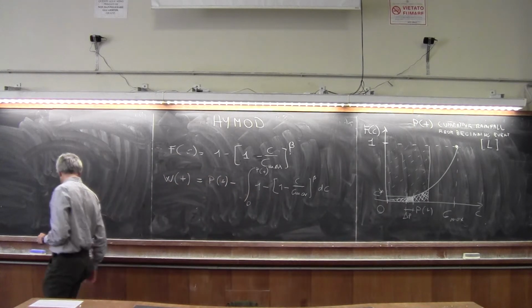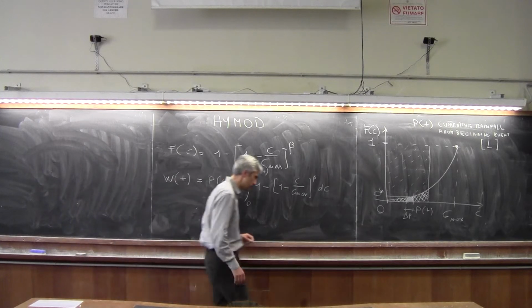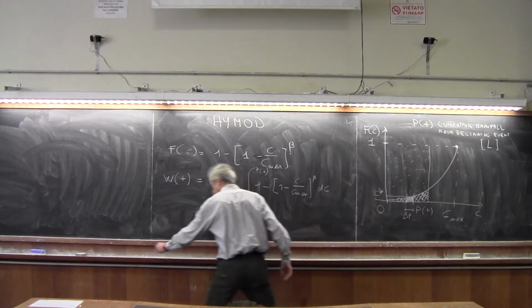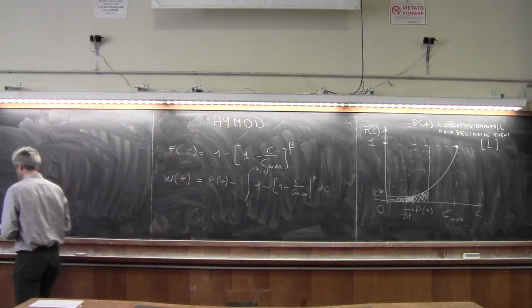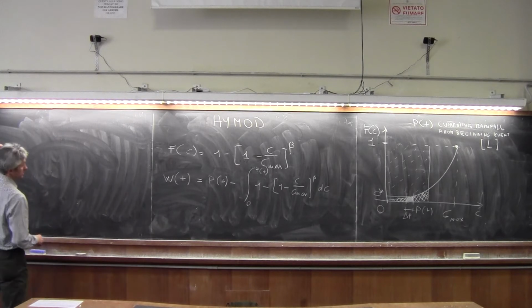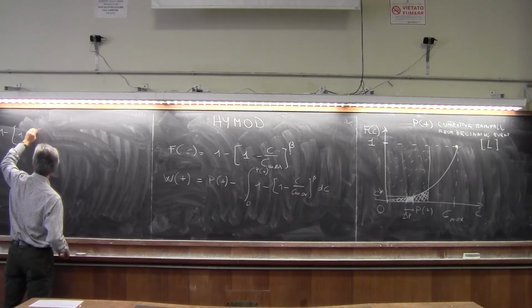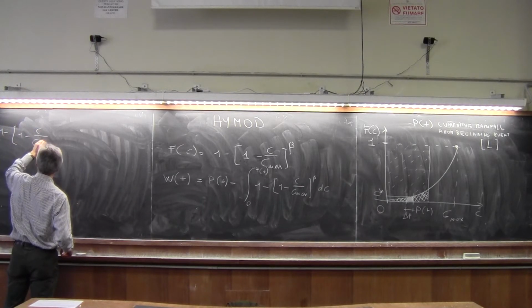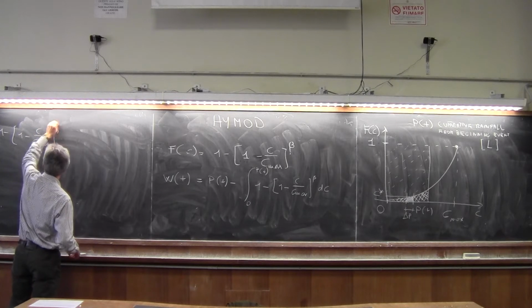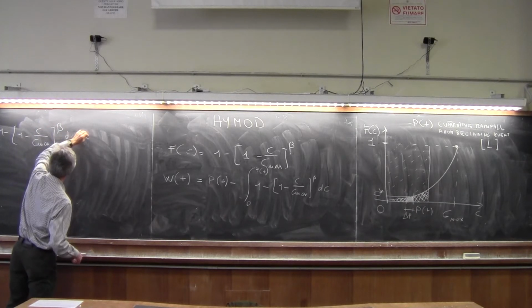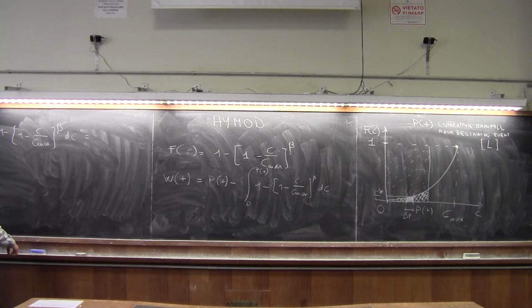Okay, let me try to move forward with this one. Integral of 1 minus C divided by C max to the power of beta in dC. And this is equal to, I can decompose the integral of the sum in the sum of the integrals.